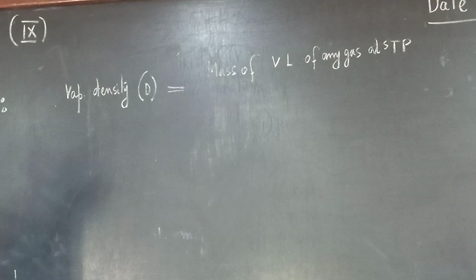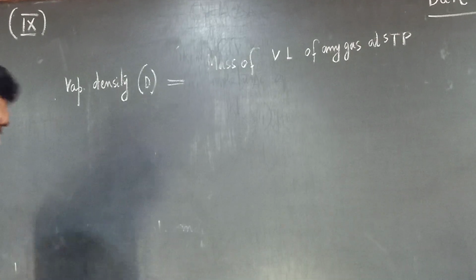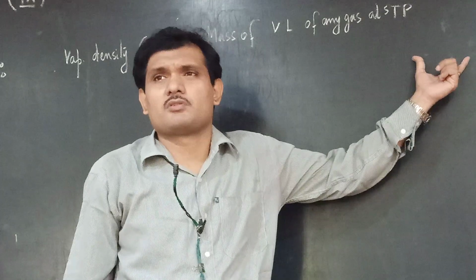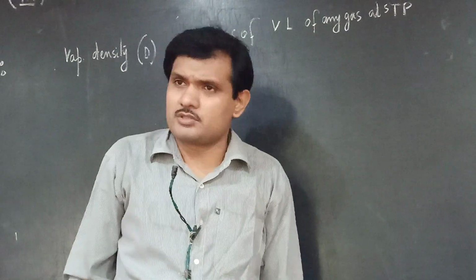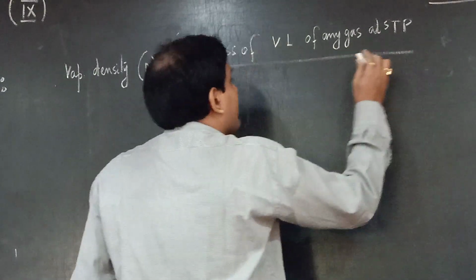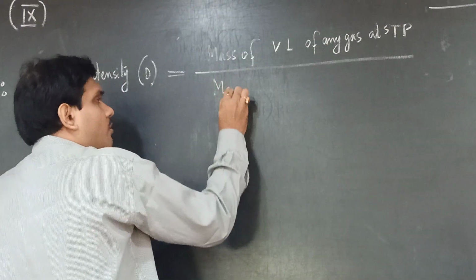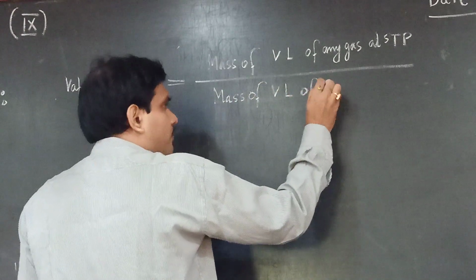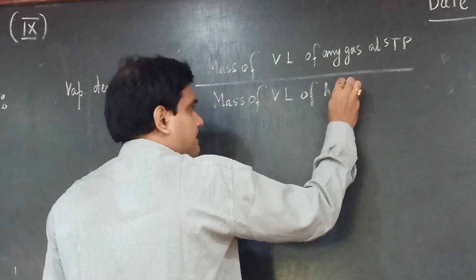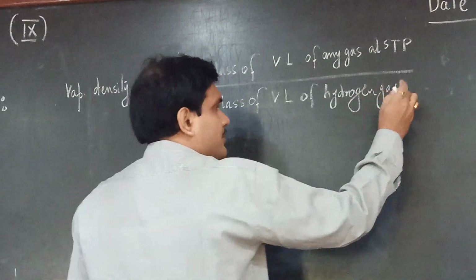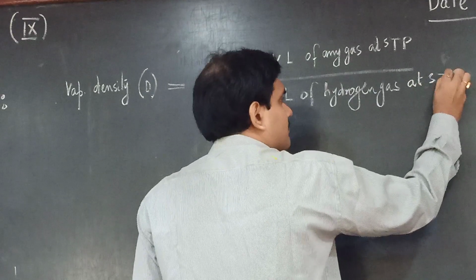In the general vapor density definition, we write at any temperature and pressure. Why not take that temperature and pressure as STP? I am taking this condition at STP. So I can write the mass of V liter of hydrogen gas at STP.